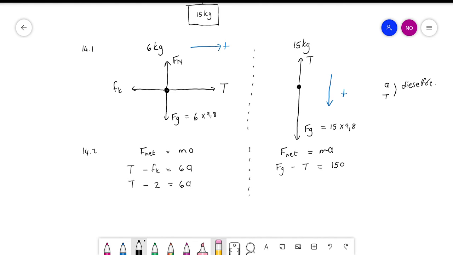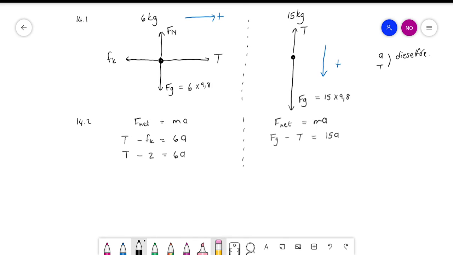15. Okay, I'm going to change this one. Substitute this in there. Kan seker maar hierso nou begin goedjies instel.